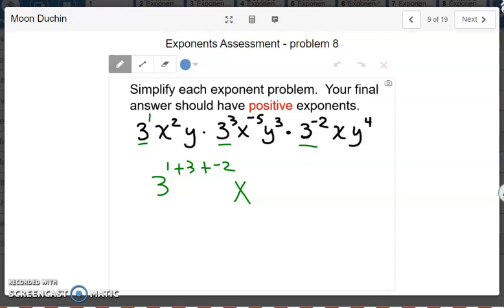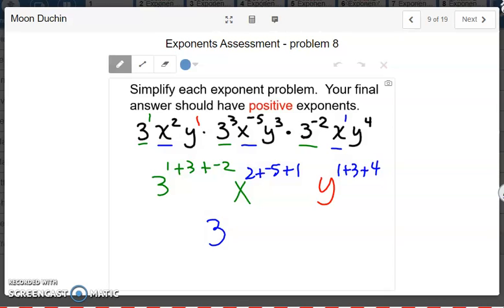The x, we have 3 of those. The last one doesn't show an exponent, so it means it's 1. So it's 2 plus -5 plus 1. And for the last one, it's a y. Again, there's no exponent in the first one, which means it's a 1. So that makes it 1 plus 3 plus 4.